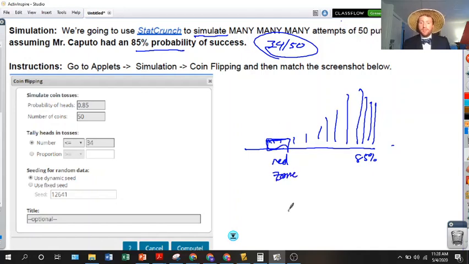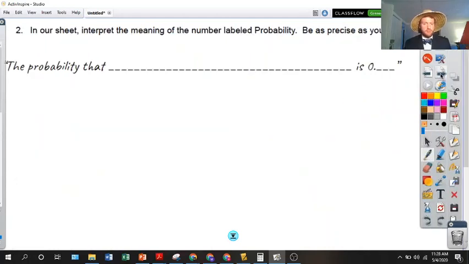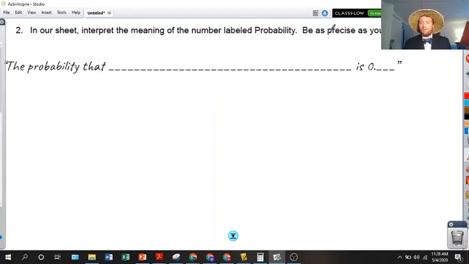That red zone is that probability. It was the number of experiments out of 50 in which I got 34, assuming that I have an 85% chance. That's what I'm going to write right here on our sheet: interpret the meaning of the number labeled probability, and be as precise as you can.